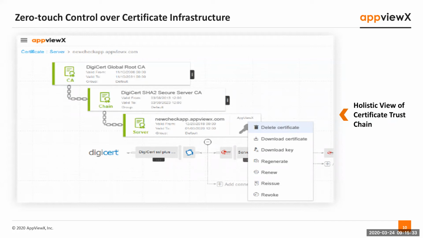So in a very intuitive, holistic view, you're able to view the certificate chain of trust, all of its PKI related attributes, including expiration, as well as the certificate authority that has issued it and where the certificates reside. And from this single holistic view, you can perform certificate lifecycle management functions like regenerating, renewing, reissuing, and revoking that particular certificate or application instance.